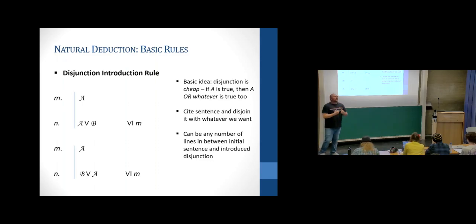Problem for disjunction elimination. Disjunctions are cheap. That means when we know a disjunction is true, we don't necessarily know why. So the ease of disjunction introduction is offset by the difficulty of disjunction elimination.